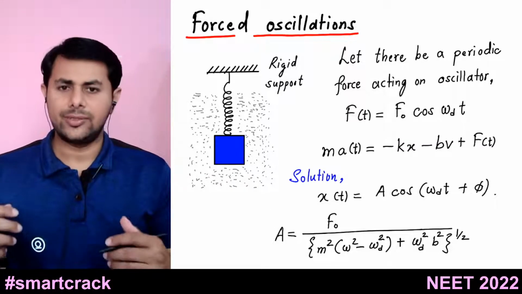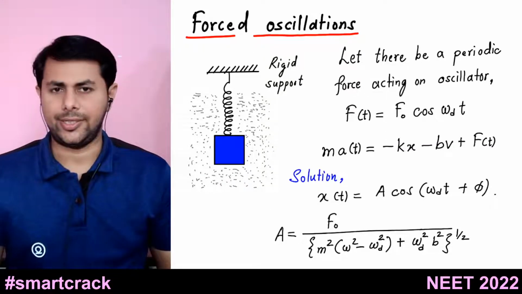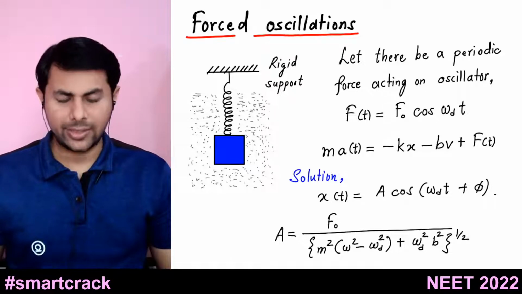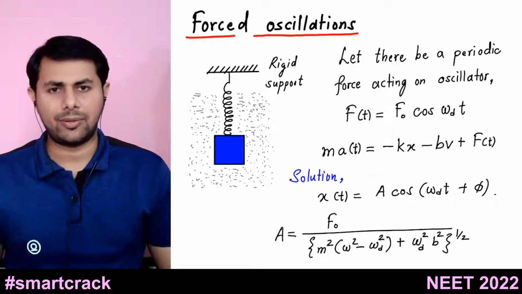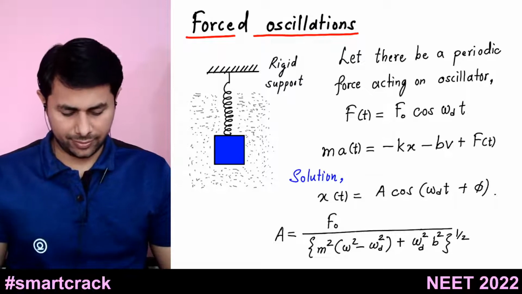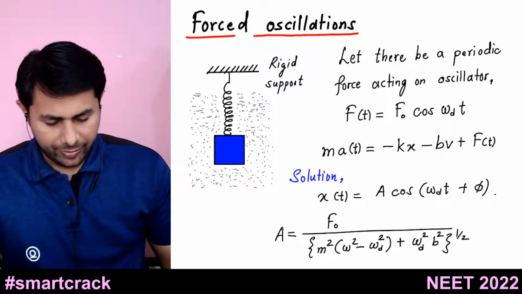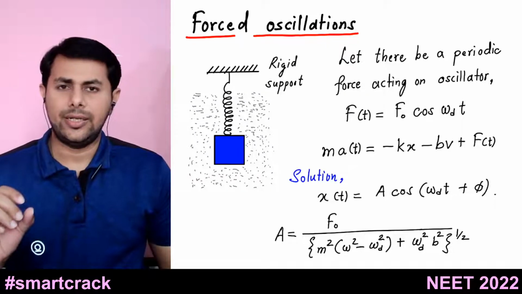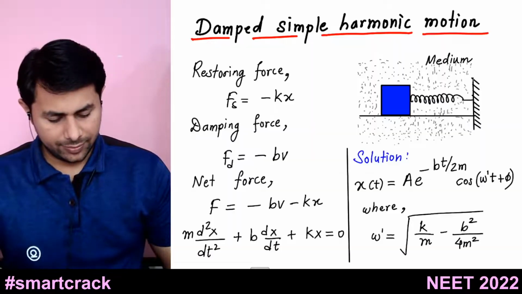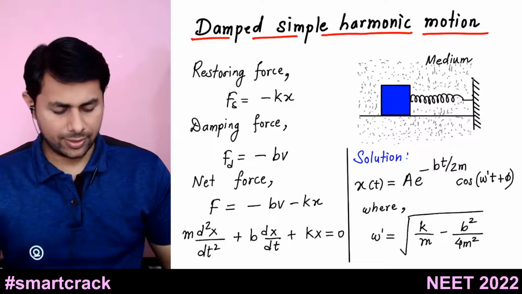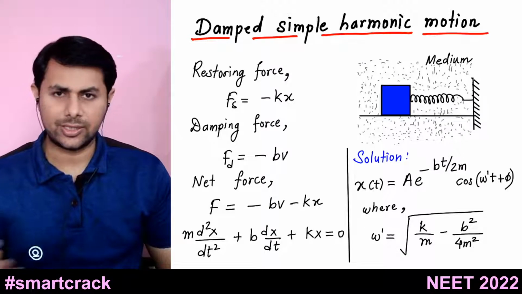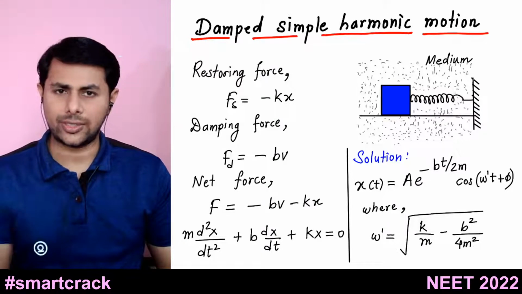And then there is one more thing, the forced oscillations, or you can call it forced damped simple harmonic motion in full. Let's say there is an extra force acting on this oscillator. There is the spring force, which is the restoring force causing the oscillations.